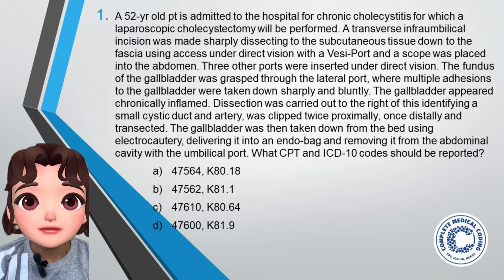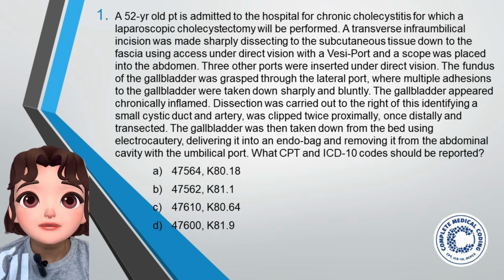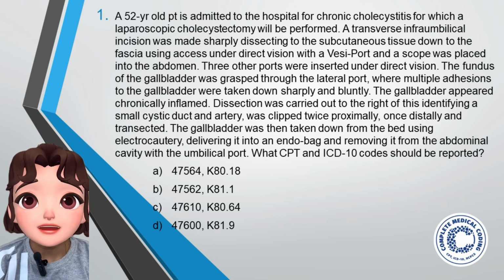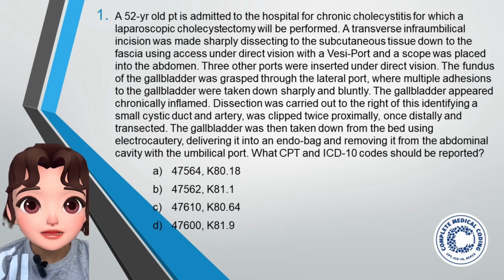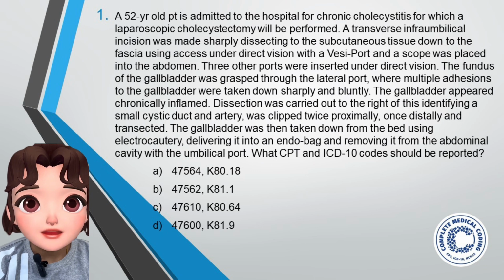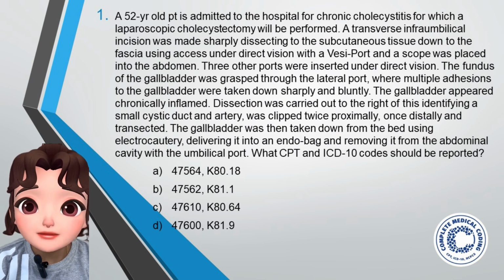The gallbladder appeared chronically inflamed. Dissection was carried out to the right of this, identifying a small cystic duct and artery. Was clipped twice proximally, once distally, and transected. The gallbladder was then taken down from the bed using electrocautery, delivering it into an endo bag and removing it from the abdominal cavity with the umbilical port. So all these are the description of how the procedure is being done.